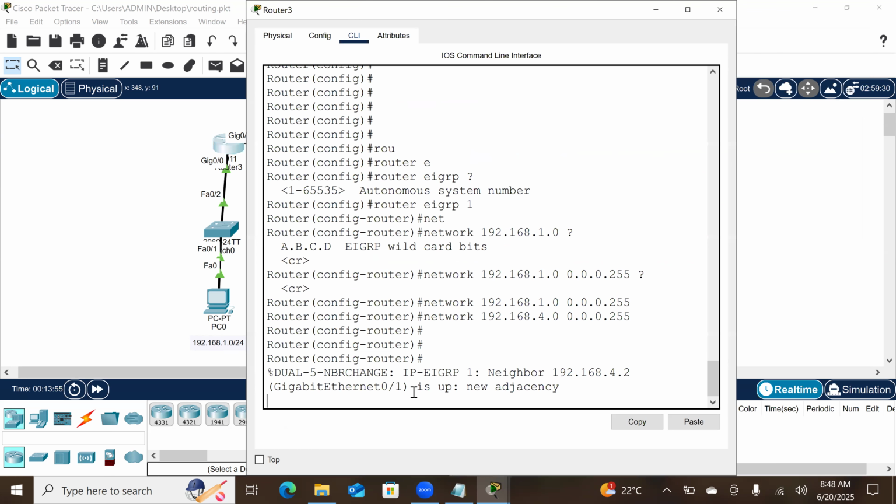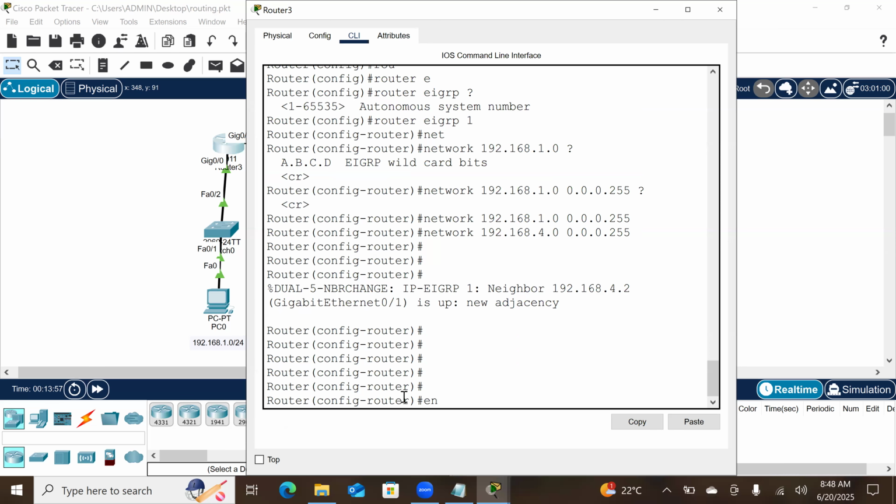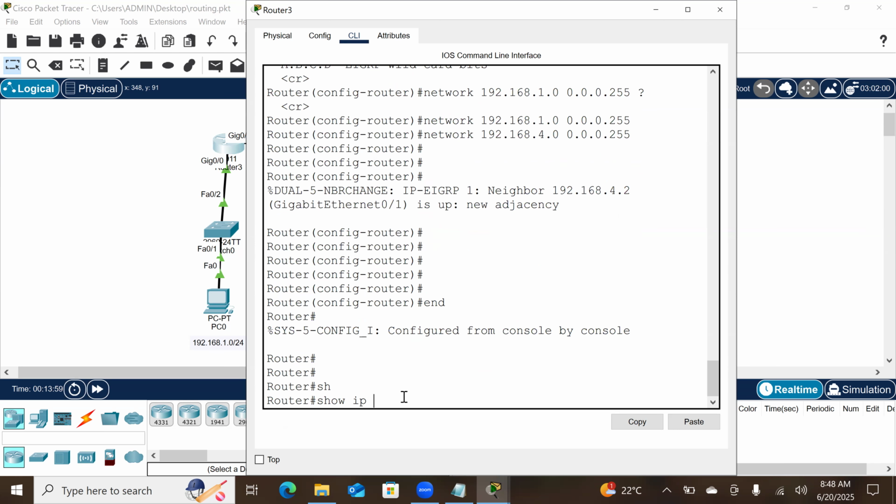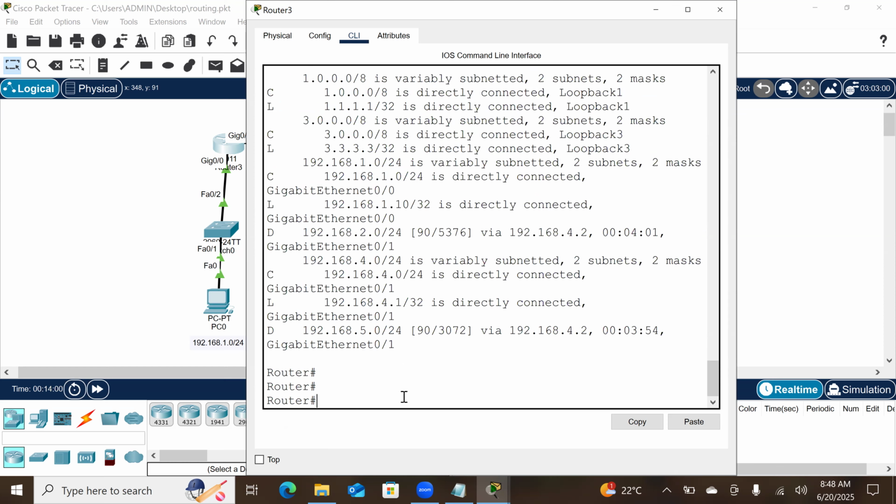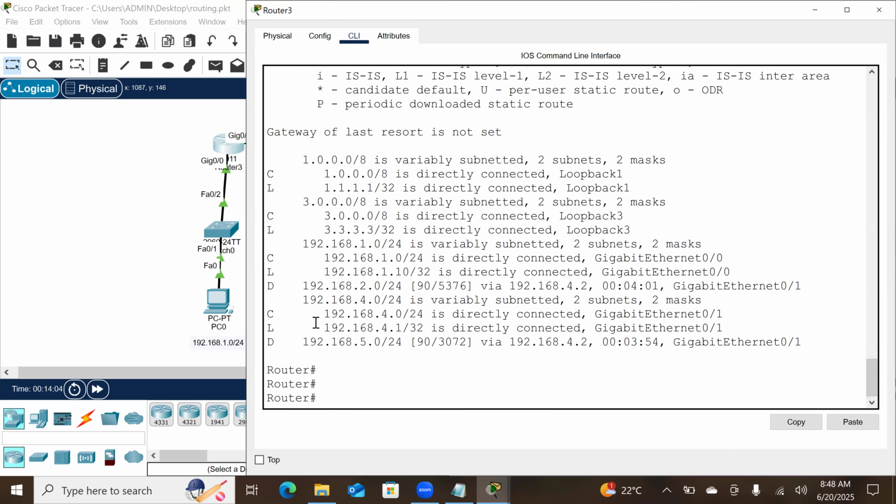If you check it on the first router, show ip route, there it says I have only two routes because of EIGRP. One is the 2.0 network and the second is the 5.0 network. Why is the 5.0 network coming here?